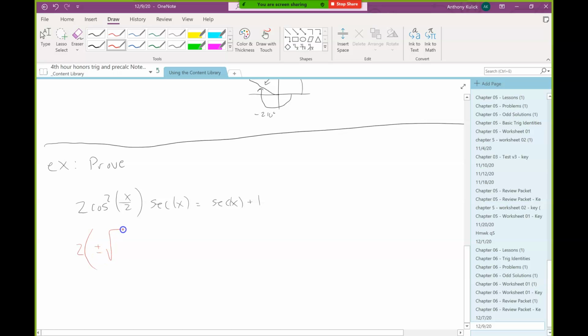And my half-angle identity for cosine was this. Notice since this is x over 2, my identity has x's in it. And because I have cosine of x over 2 squared, when I put in that identity for cosine of x over 2, I also need the squared outside.